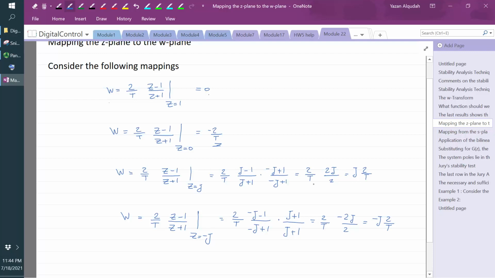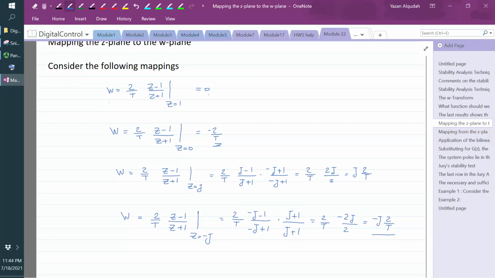This is going to give me 2 over T multiplied by 2j over 2, which is going to equal j multiplied by 2 over T. What happens if z is equal to negative j? 2 over T, z minus 1 over z plus 1. If I calculate it, it is going to equal negative j multiplied by 2 over T.